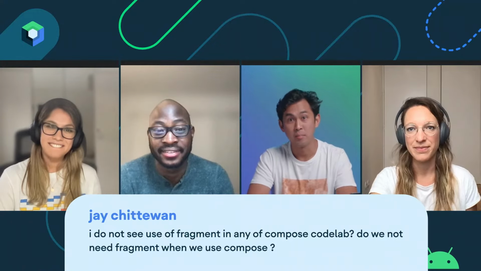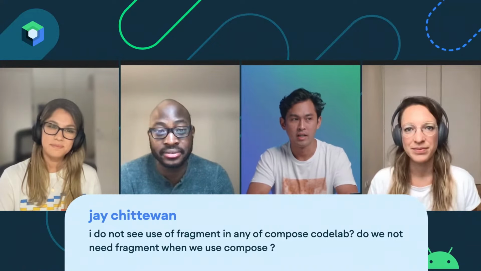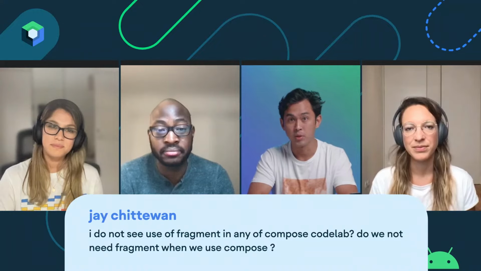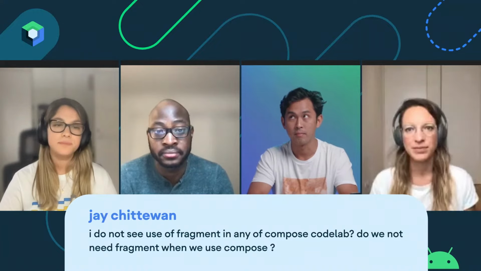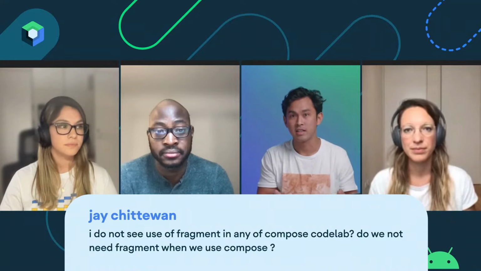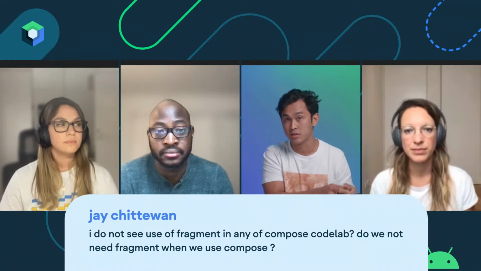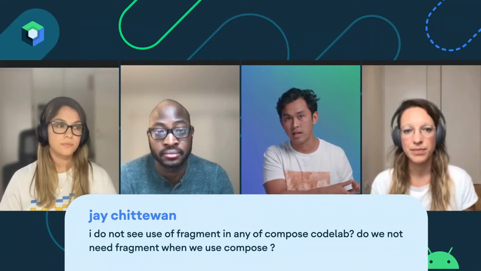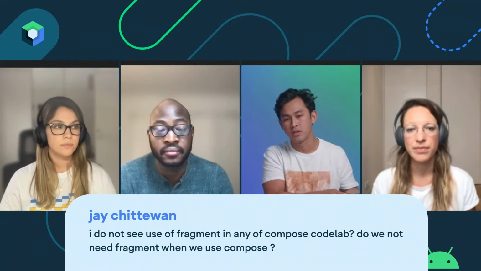It is our sample app for migrating an existing View-based app to Compose. If you take the Migrating to Compose codelab, it's exactly that. You migrate the Sunflower app, which uses Fragments and the navigation component, to Compose.